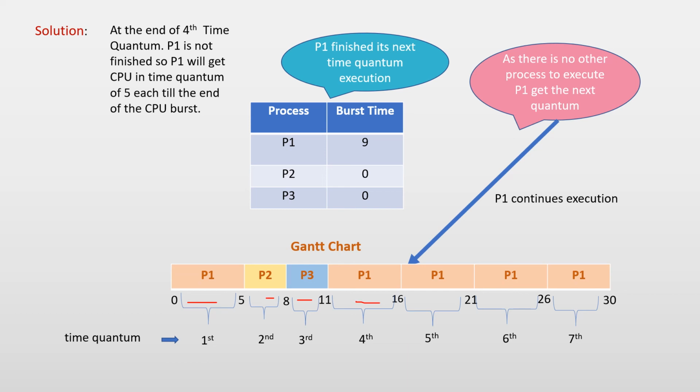And from here onwards, P1 only is getting executed. But P1 gets the CPU in time quantums only. The 5 millisecond time quantum is what the CPU algorithm works with, so it will give the CPU to P1 repeatedly for 5 milliseconds. So that's how the entire processing of all 3 processes will happen in 7 time quantums. So 7 quantums are required to finish these processes.